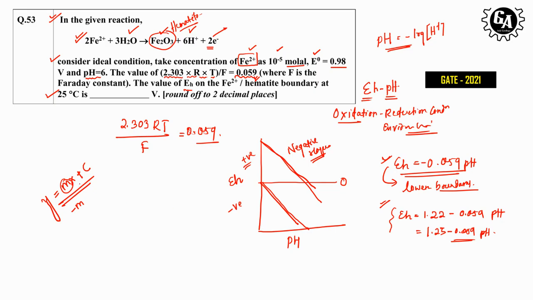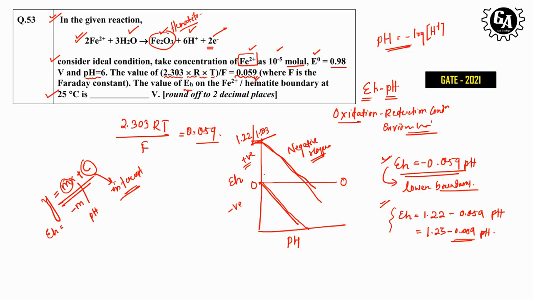What is x? x is the pH axis. y is your Eh axis, isn't it? And what is c? c is the intercept. For this upper part, the intercept is 1.22 or 1.23, and here the intercept is 0.